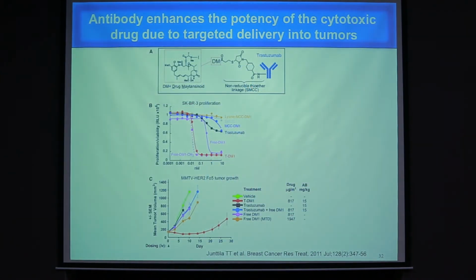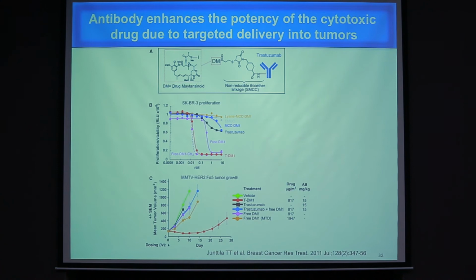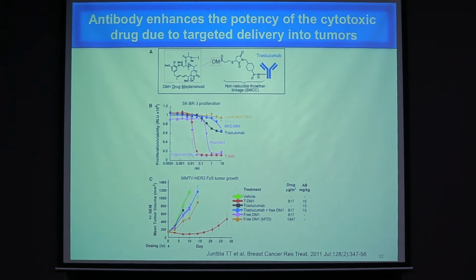So again, here I know the protein is overexpressed. I know it's on the surface, I know it's internalized, I made the antibody which binds, I showed it goes inside the cell, and I conjugated it with the linker payload, a tubulin polymerization inhibitor. If you rewind your cell biology class, tubulin polymerization is very important for mitosis.